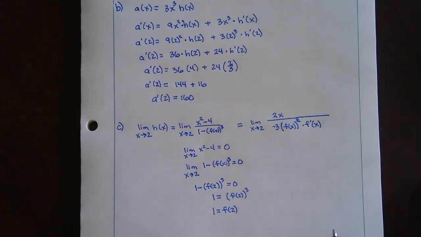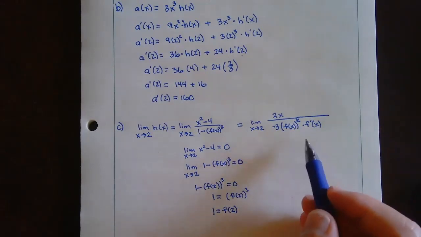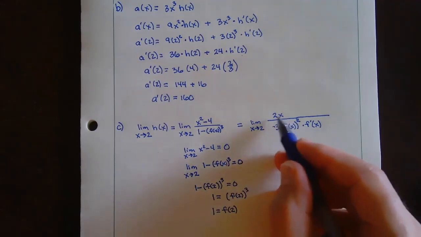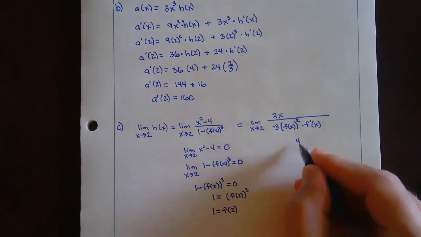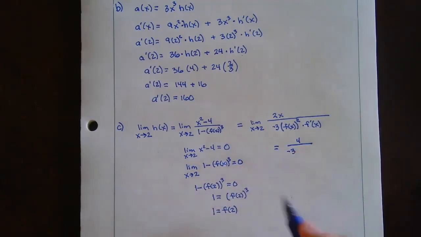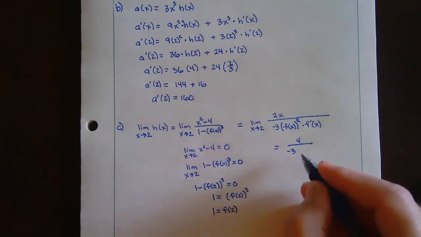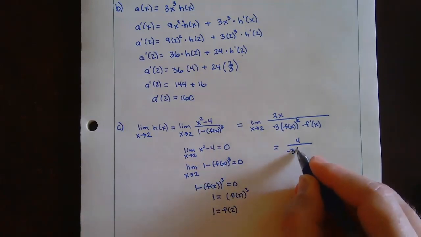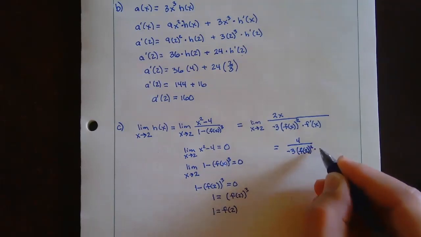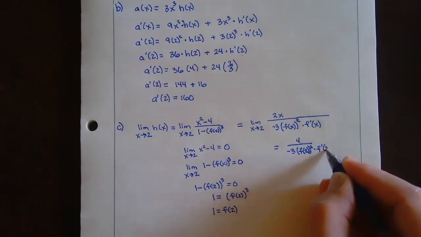Now if I do this limit, the top is going to come out to be 4 because 2 times 2 is 4. And the bottom is going to come out to be negative 3 times f of 2 squared times f prime of 2.